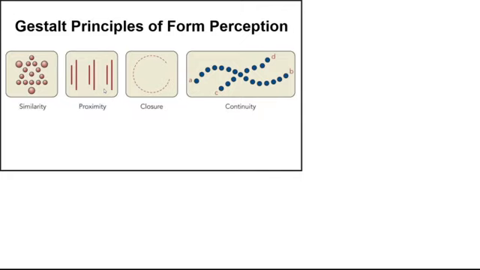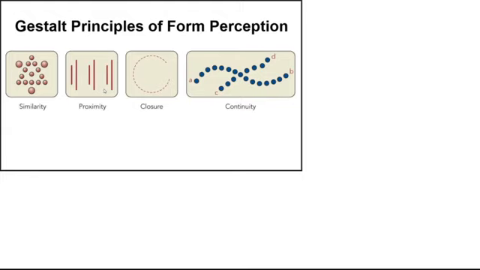So for our similarity example, we have a triangle of smaller circles. And so we group it as, okay, we have all of these small circles, they form a triangle. Well, they're just technically a whole bunch of small circles, but we see them as a group. They are similar to one another, and so we treat them as an individual element that is now a triangle.